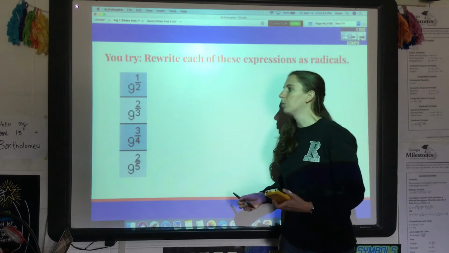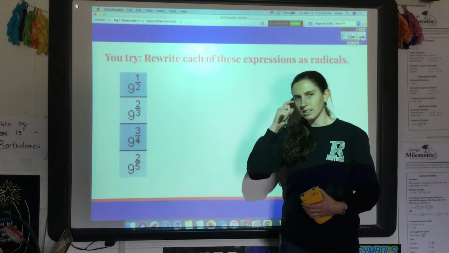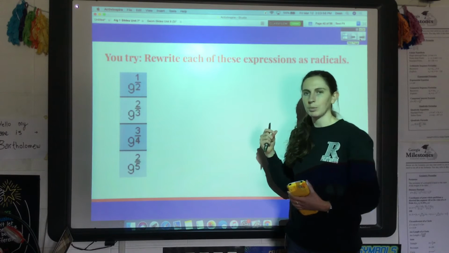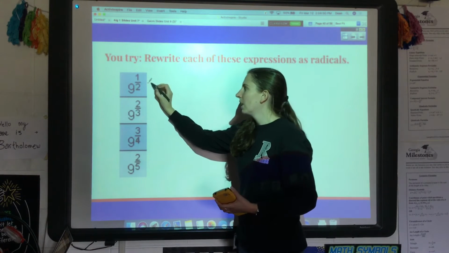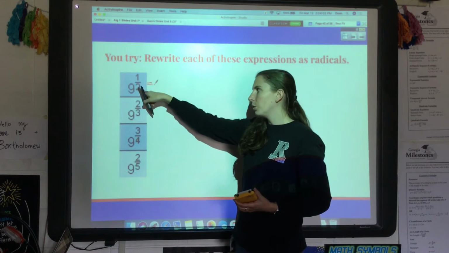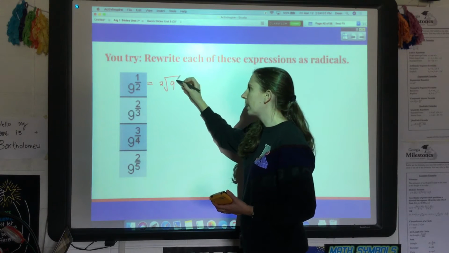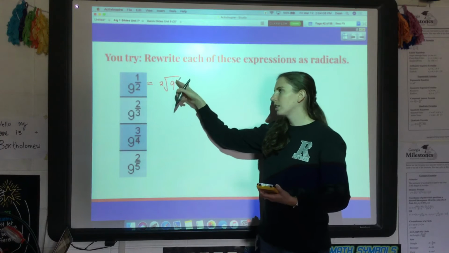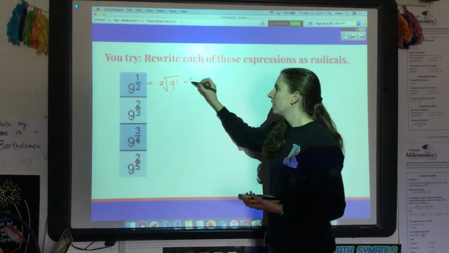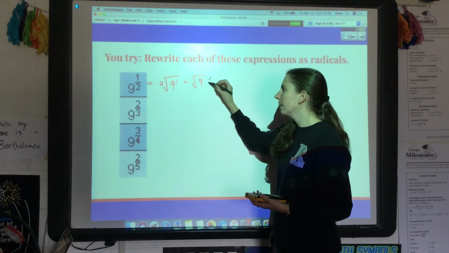Alright, here's a couple more. Go ahead and pause the video and try these and see if you can do them on your own, and then watch me do it. In this one, the 2 becomes the index of the radical, and the 9 to the 1st power stays. 9 to the 1st power is just 9. So the square root of 9 is 3.